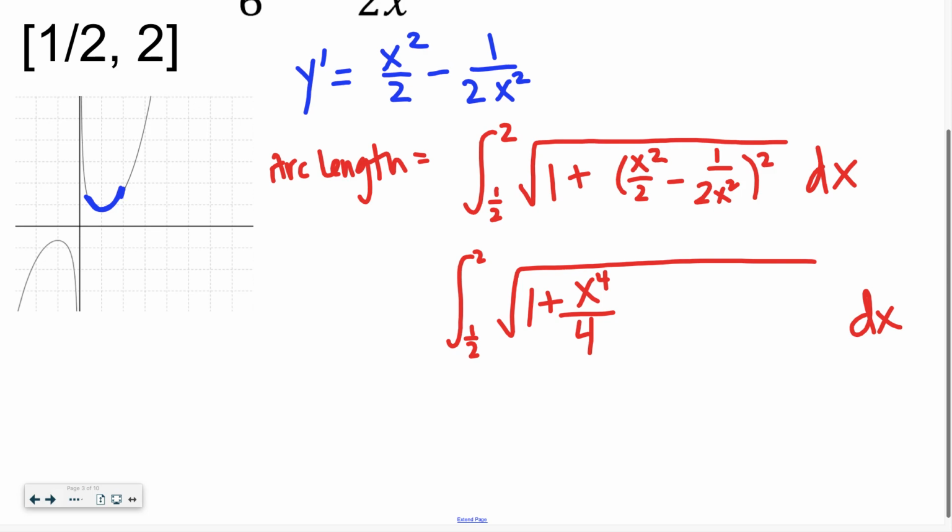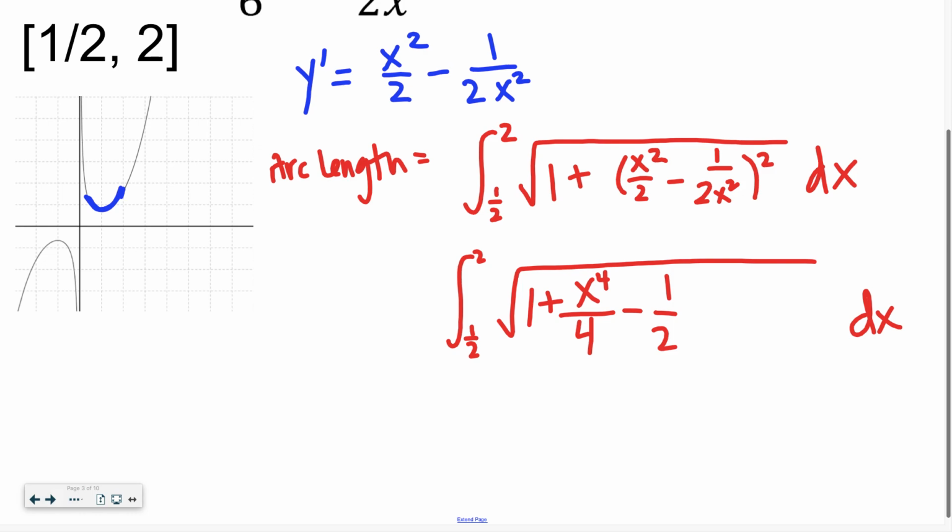2ab. Negative 1/2, because the x squareds cancel, and it would be negative 1/4.